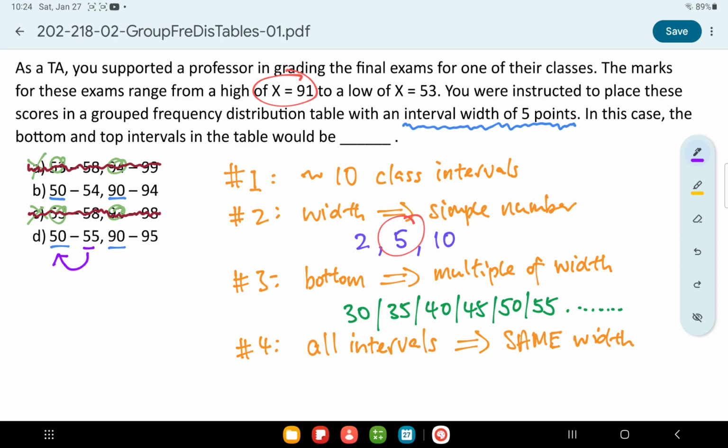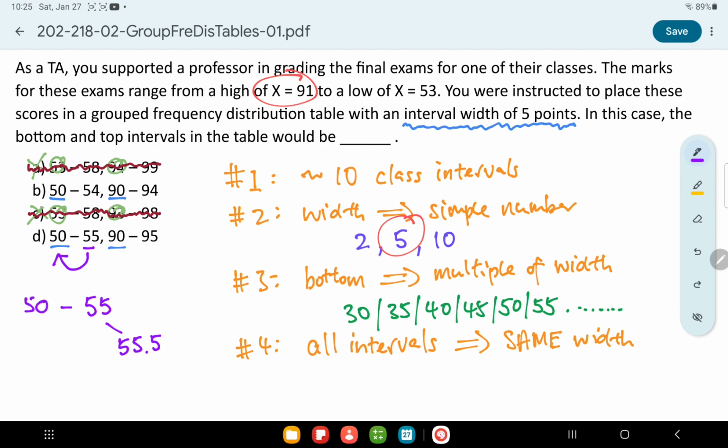Here is where you need to remind yourself that in a group frequency distribution table, we do need to consider the upper real limit and the lower real limit. When we consider the upper real limit of 55, for example, the upper real limit is actually 55.5.